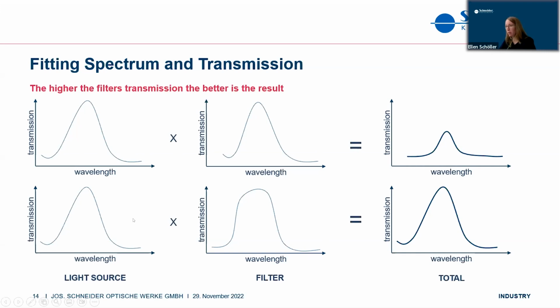So when we have the same light source with a filter with very steep slopes and a constant plateau of transmission and a steep slope on the other side, we see that all the light that is coming from the light source is transmitted perfectly as we want to see it, like this. So just keep in mind what is a useful filter transmission curve and what is only looking useful, but your result might be bad.